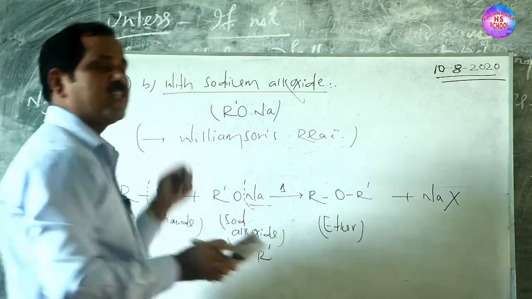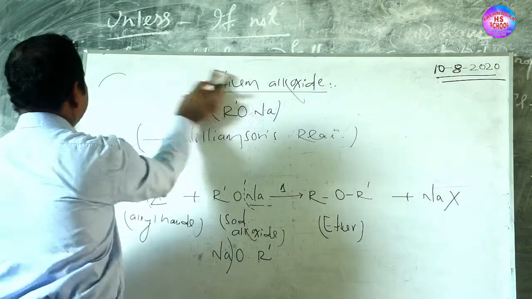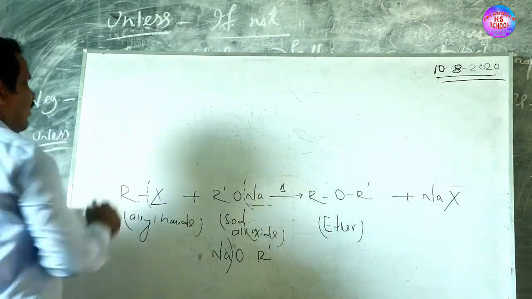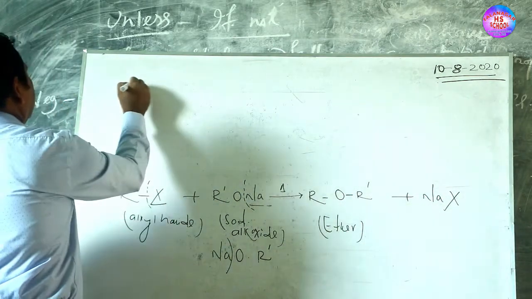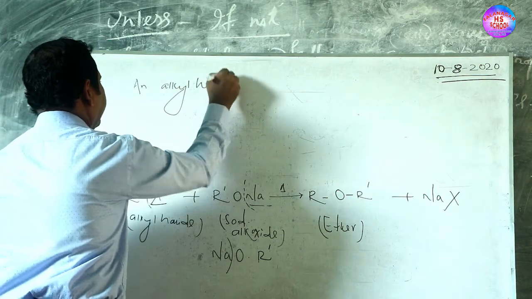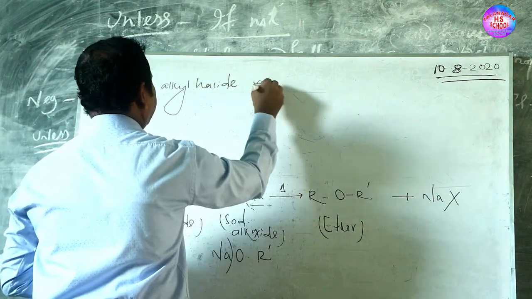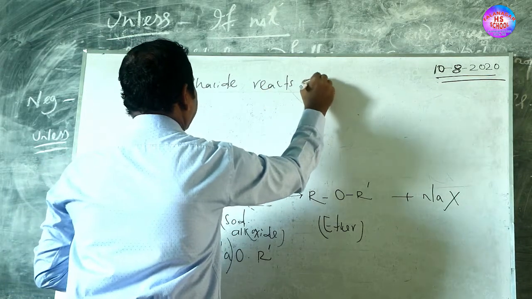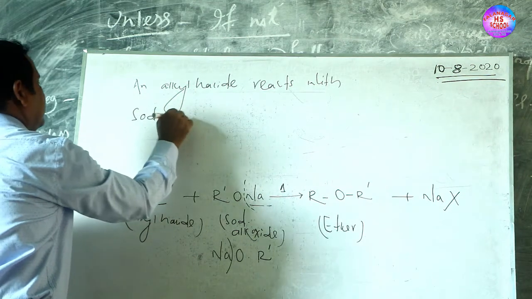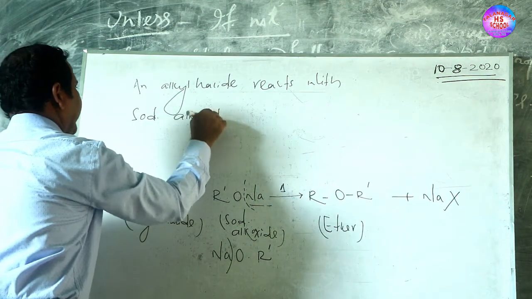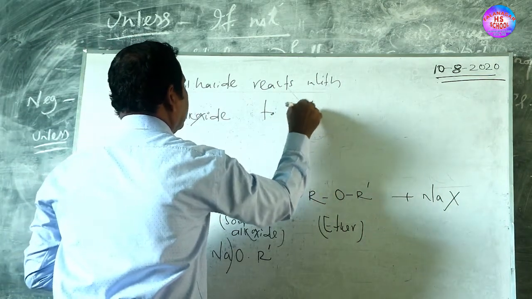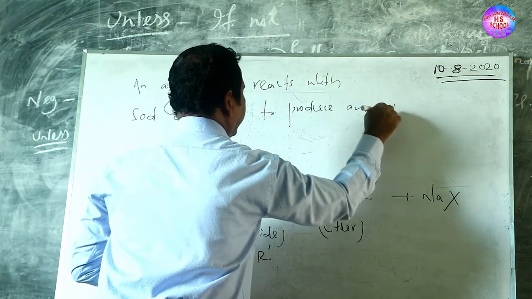So we may write the statement as follows. In this reaction, an alkyl halide or haloalkane reacts with sodium alkoxide to produce an ether.